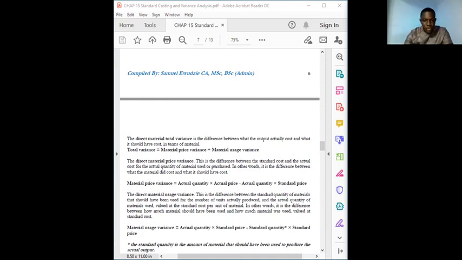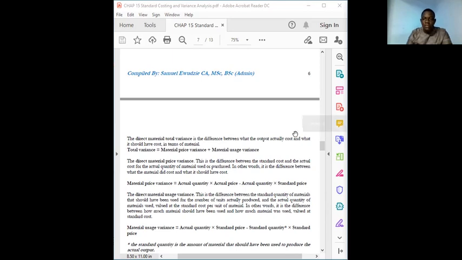Okay, good. So what we are using here, I'm explaining: AP means actual price, SP equals standard price, AQ is equal to actual quantity, and SQ is equal to standard quantity.